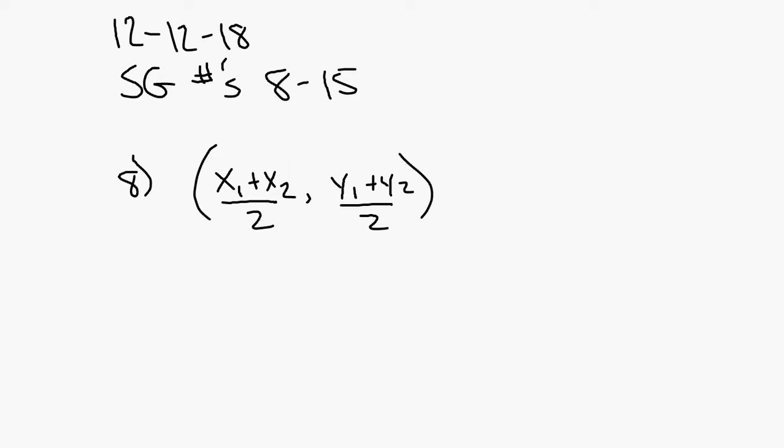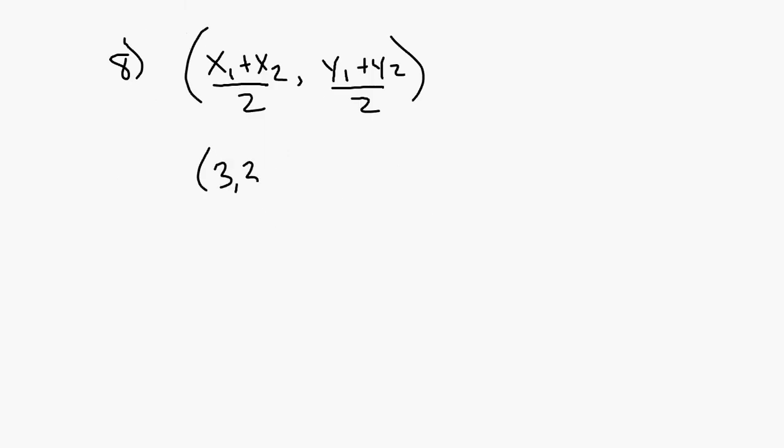So then, you take the 2 points. You got a 3, 3 and a 9, 13. So you take 3 plus 9, you divide it by 2.